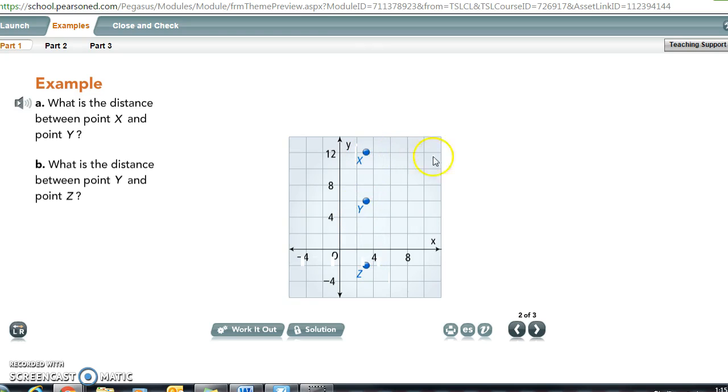But from 12 to 6, 12 minus 6 is 6, so I know that will be 6 units. And Z is going to be at 3, negative 2. Well, how many points are in between 6 and negative 2? Well, if you count with me, we'll have 6 to 5, 4, 3, 2, 1, 0, negative 1, and negative 2. So that being said, there will be 8 numbers between Y and Z.